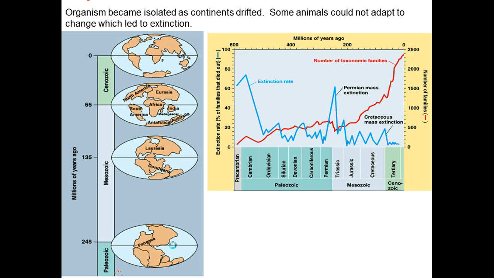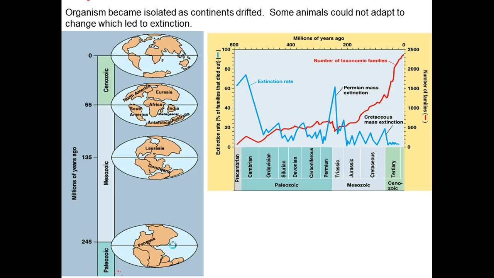Now we also looked at how organisms were isolated in continents as they drifted. So you can see similar organisms on the coasts of Africa and South America, but then over time, because they have drifted, you'll see differences, and some animals could not adapt, which led to extinction.